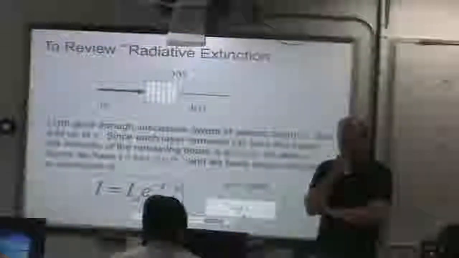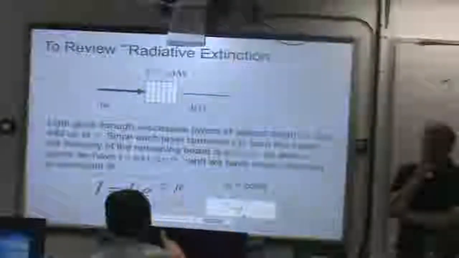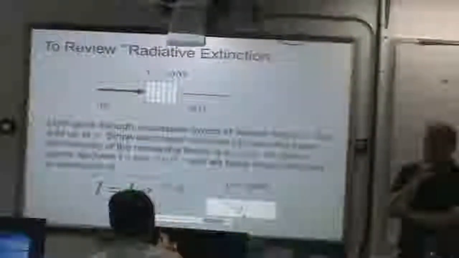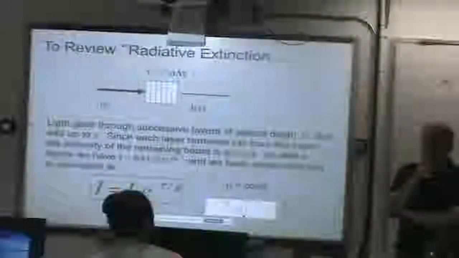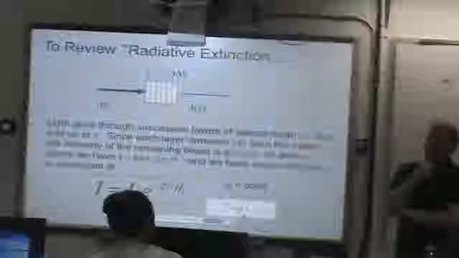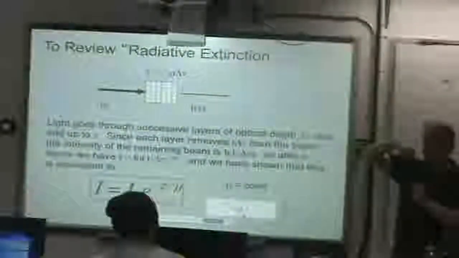Yes? I want to know why yesterday you kept perpendicular to the plane, and today you went into the angle. No, we were talking about the same thing yesterday. The idea is if I have the sun straight overhead, I'm going to measure the full intensity.